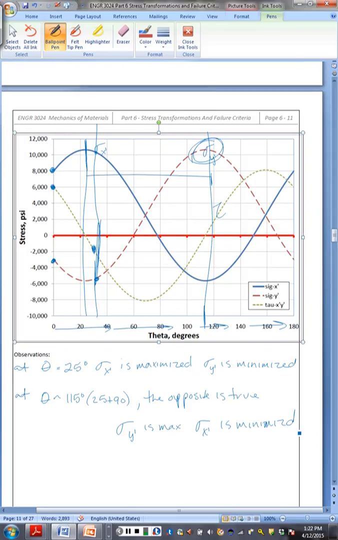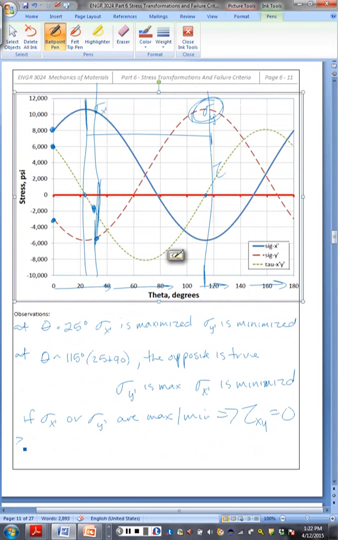Okay? Another very important thing to note, if sigma x prime or sigma y prime are at a max or a min, what's the value of the shear stress there? The corresponding value of the shear stress at these normal stress max and min is 0.